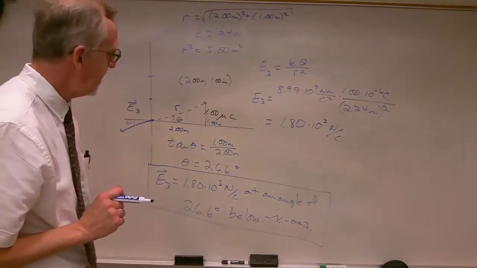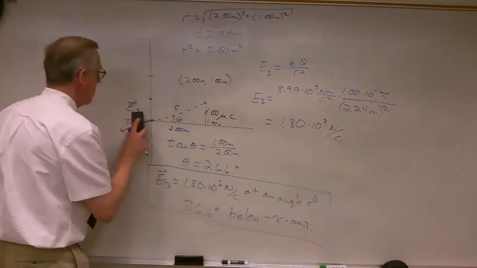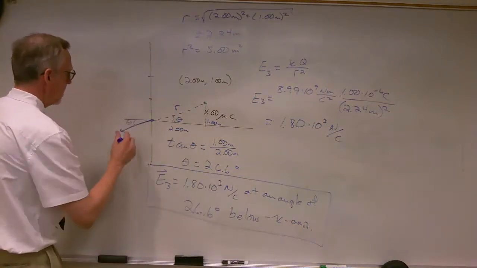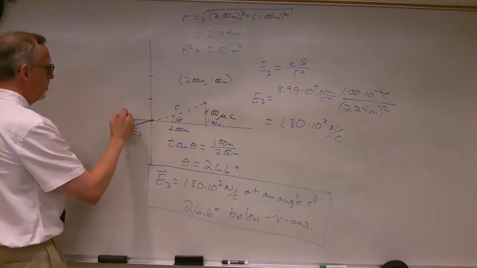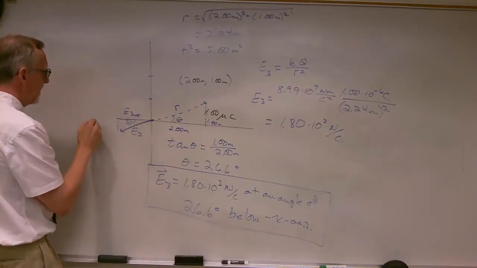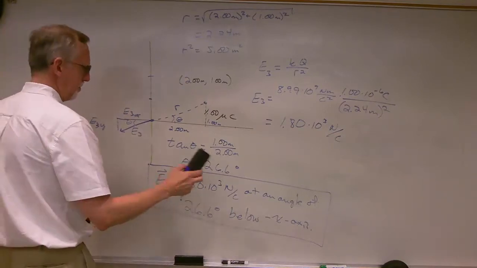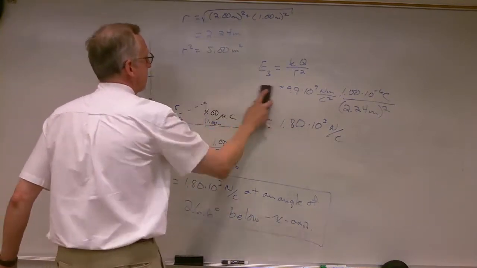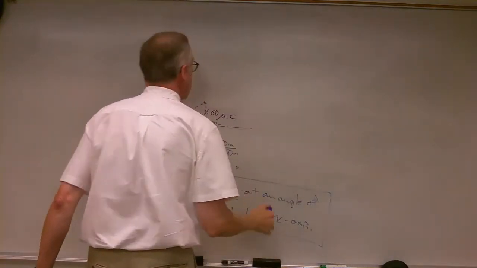We can break this down into components. If this is our magnitude E3, we can break this down into E3x and E3y. Let's get rid of this up here. What do we have?